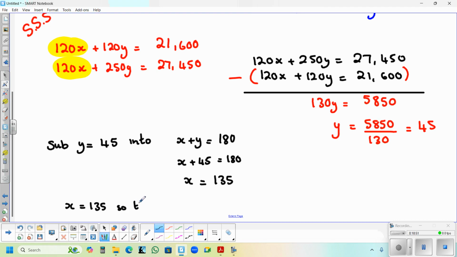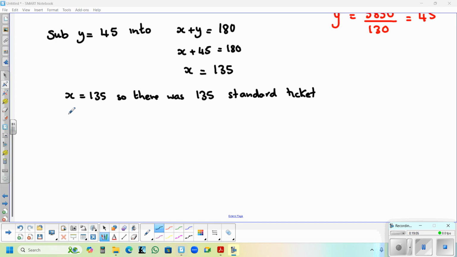So there were 135 standard tickets. And the last bit, we've got to know that y is equal to 45. So there were 45 business tickets.